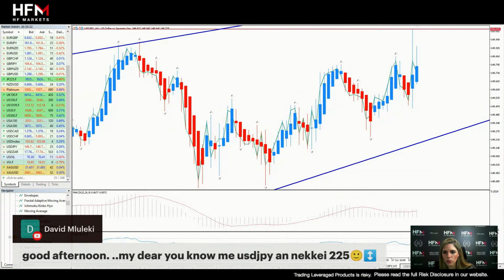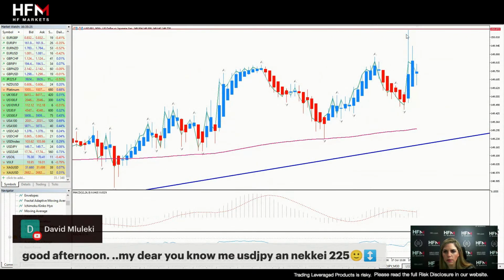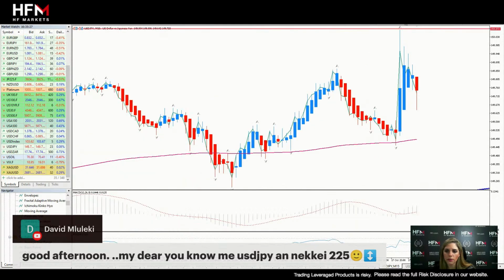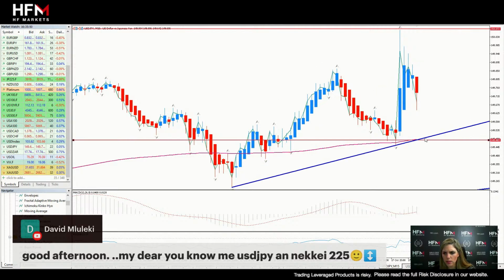Intraday now, the 15-minute and 30-minute charts: up, faded, ready to correct with the next immediate support level at 149.50, 149.48. So yeah, that's the very next support level.